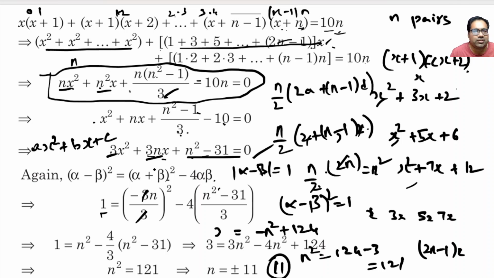And then we know the sum of the roots and the product of the roots. The difference of the roots is given. We express the difference of roots as a function of the sum of the roots and the product of the roots. We applied that condition and we got n equals 11. Right, guys? It's a nice problem. Hope you like this. Thank you.